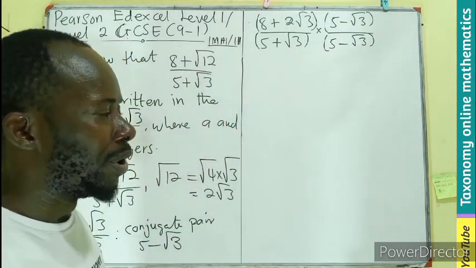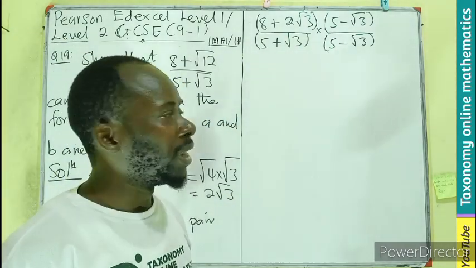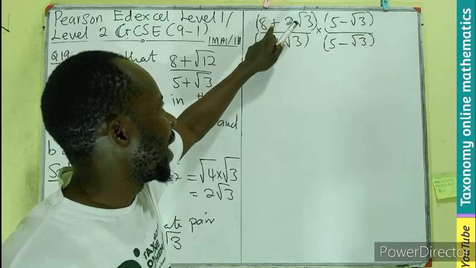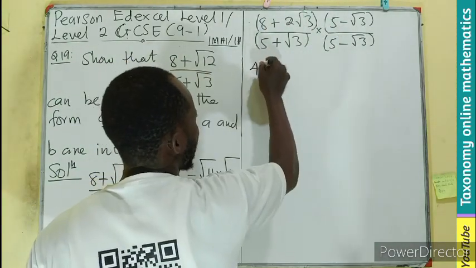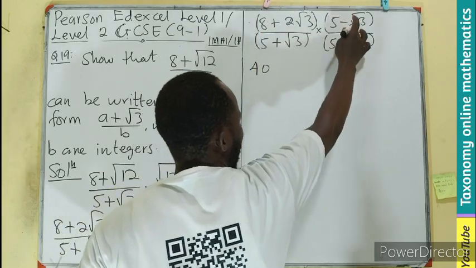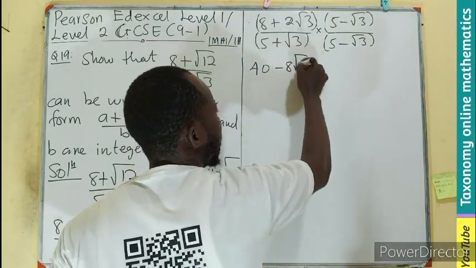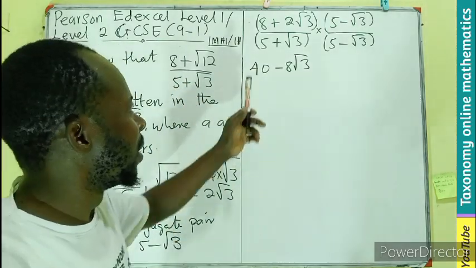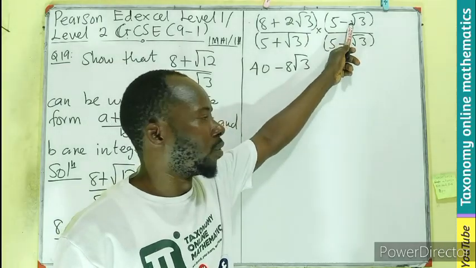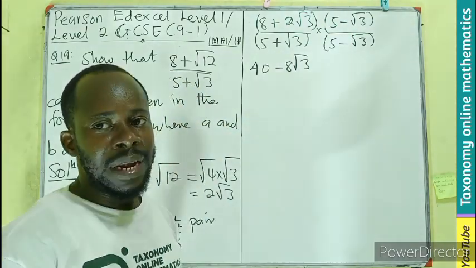So the numerators are multiplied by the same value as the denominators. Now we are taking 8 times 5, that will be 40. The 8 again will multiply negative root 3. Anytime we are multiplying a rational by an irrational, the rational always stays in front, meaning it multiplies whatever is in front of the root sign.